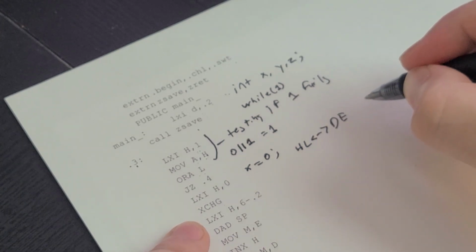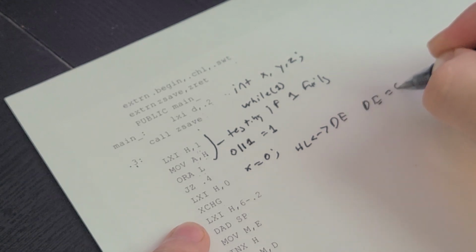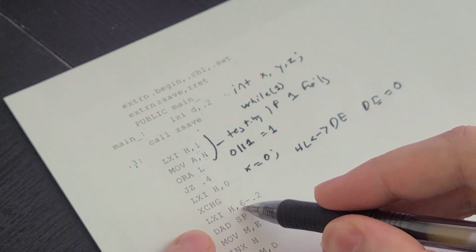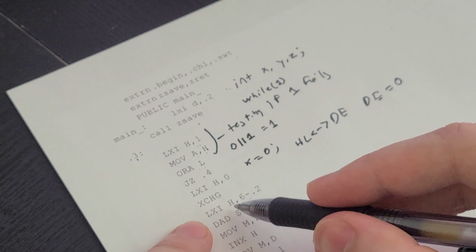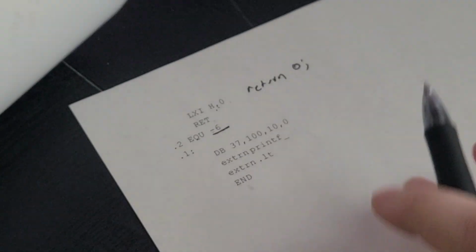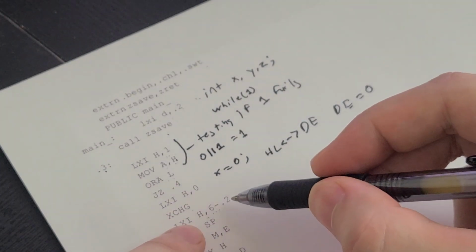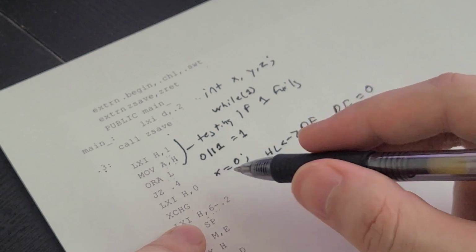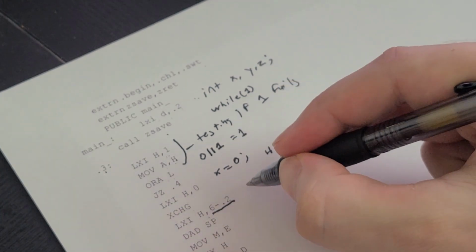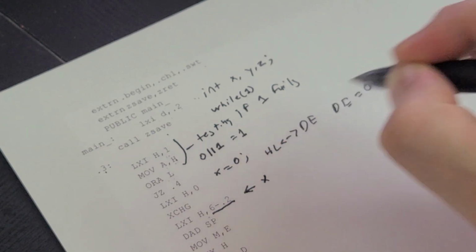So now the 0 is in DE. And then it says, this is the fun part, DAD on HL, 6 minus .2. And remember, .2 is -6. This is the fun part. Whenever you see this offset, 6 minus .2, this points to x.